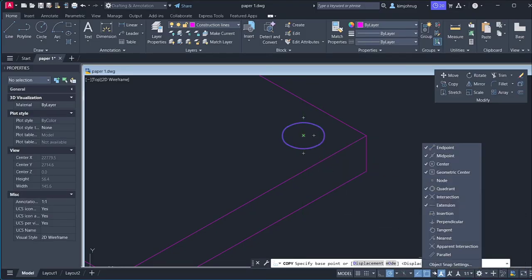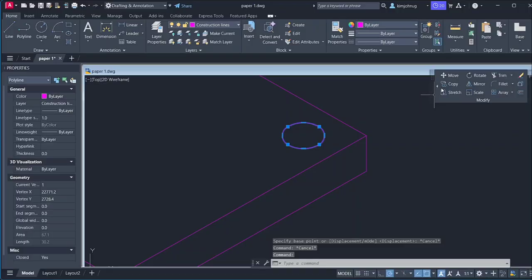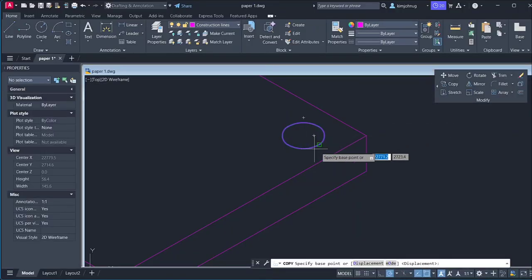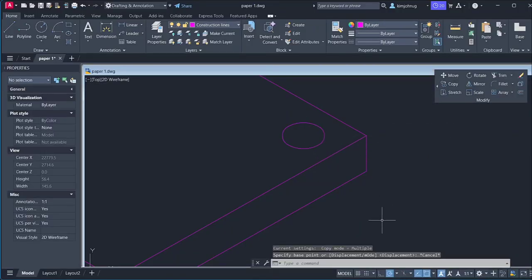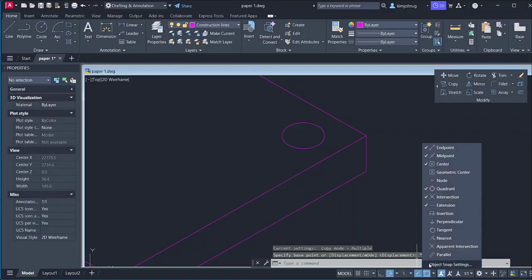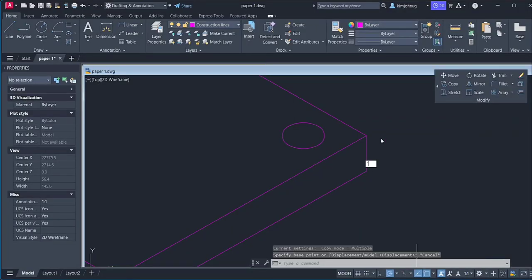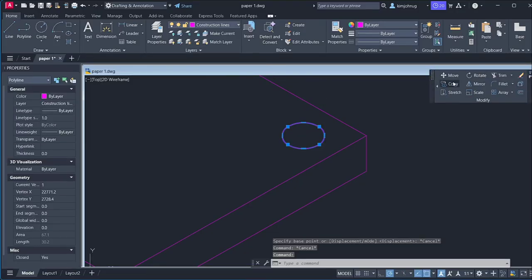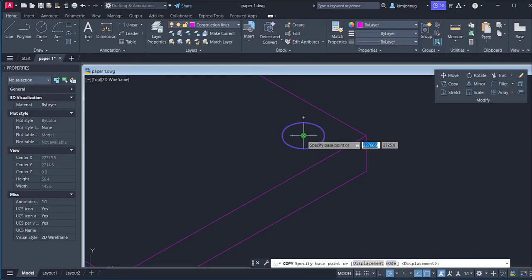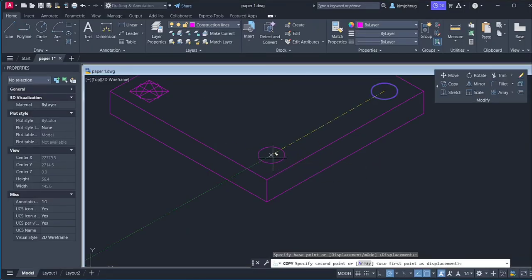If I go back to snaps, it's called the geometric center. If I turn it off and I want to copy, I think this figure no longer has that isometric center. That center is formed by joining a figure together. So now it's back, meaning if I try to copy this, the center is there.